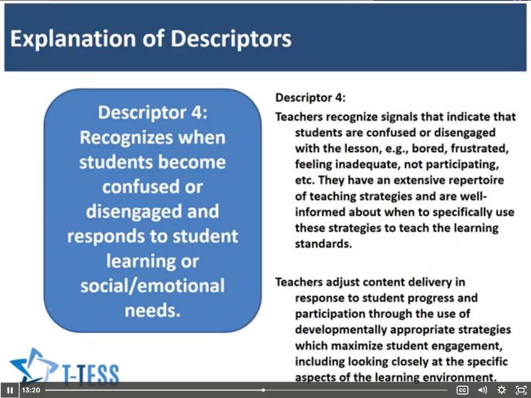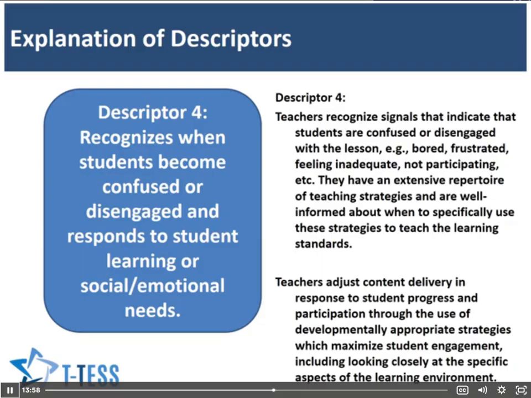And last, descriptor 4 reads, recognizes when students become confused or disengaged and responds to student learning or social emotional needs. For this descriptor, some of the behaviors we might see are that teachers recognize signals that indicate that students are confused or disengaged with the lesson, for example, bored, frustrated, feeling inadequate, not participating, etc. Teachers have an extensive repertoire of teaching strategies and are well informed about when to specifically use these strategies to teach the learning standards.